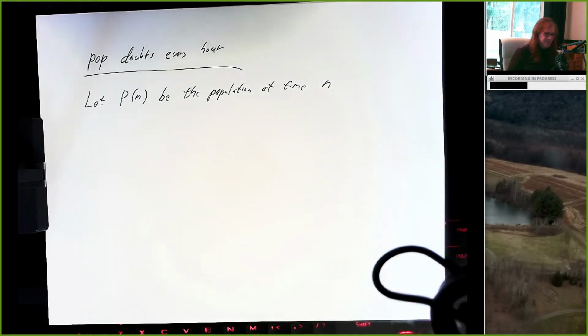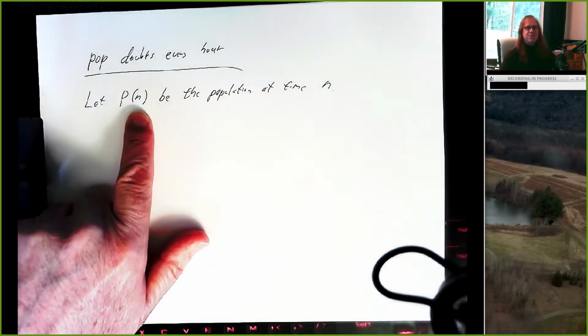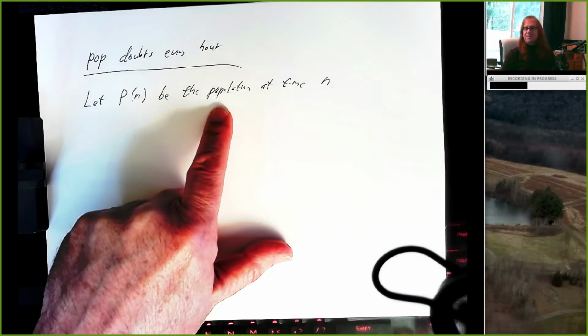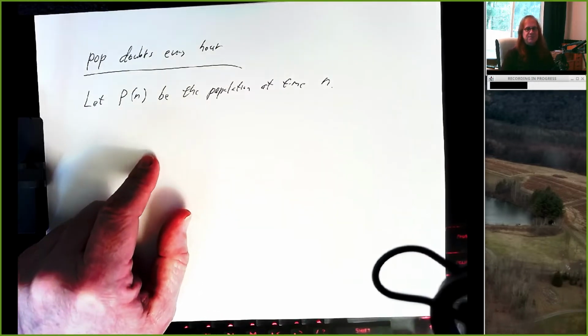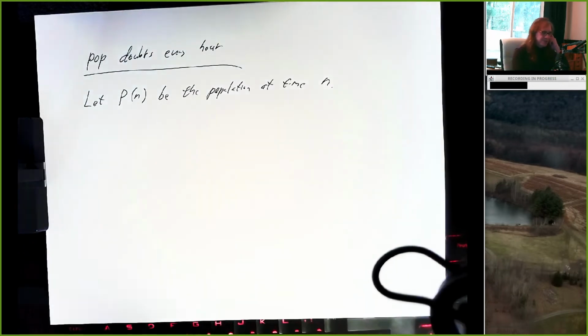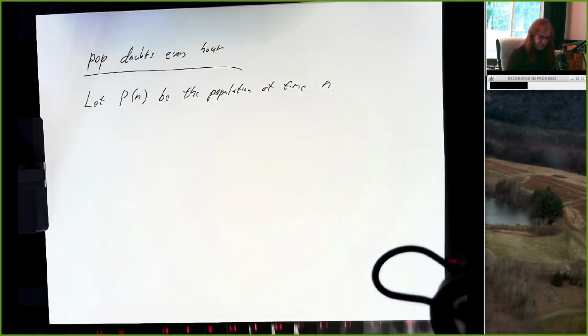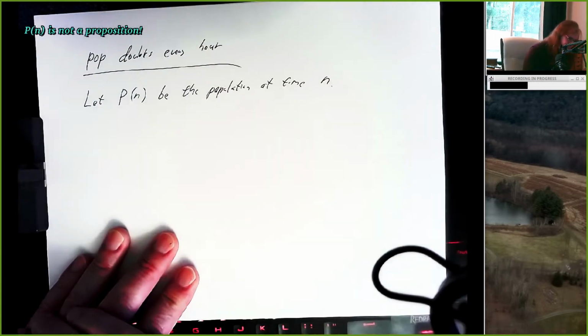We're talking about a mathematical function P that takes a number n, which is a number of hours, and returns the population of bacteria at that time. It just happens to be that we've been using P of n for a few weeks as propositions. But this is a mathematical function. Okay, so it's not a proposition. It just looks like one.